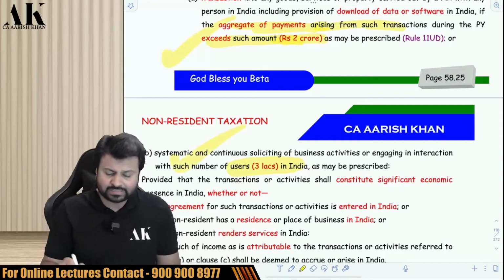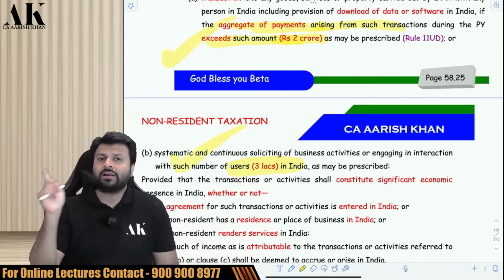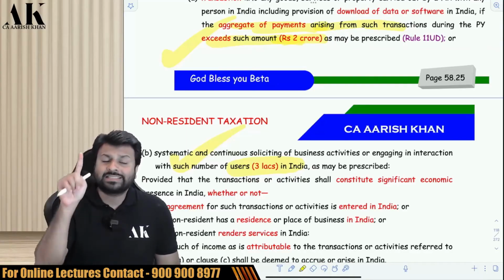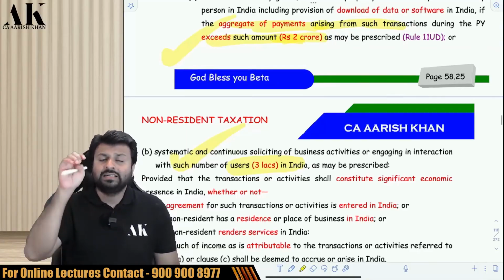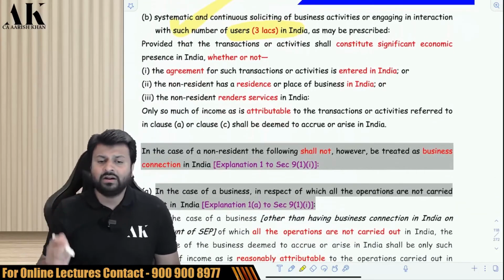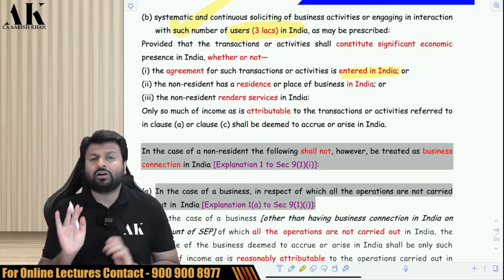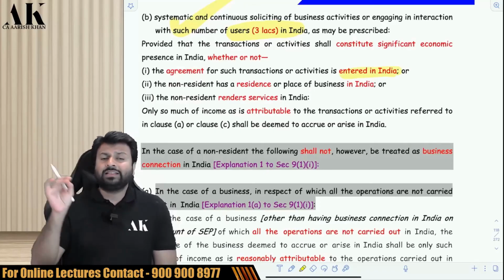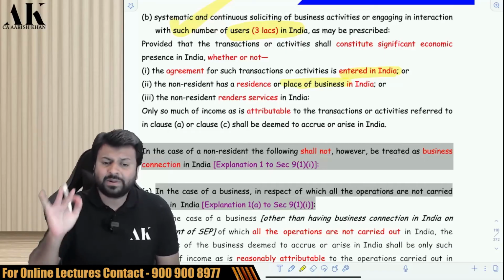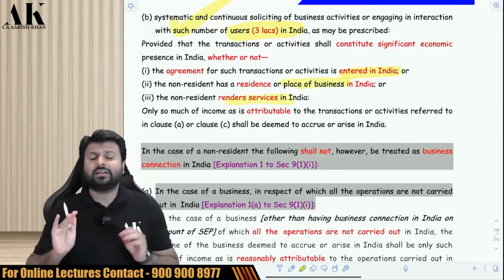In either case, digital companies like Facebook, Google, Twitter, etc. are deemed to have a significant economic presence in India. And in that case, their income will be deemed to accrue or arise in India, irrespective of whether the agreement was entered into in India or not, irrespective of whether they have residence or place of business in India or not, and irrespective of whether the non-resident renders services in India or not.